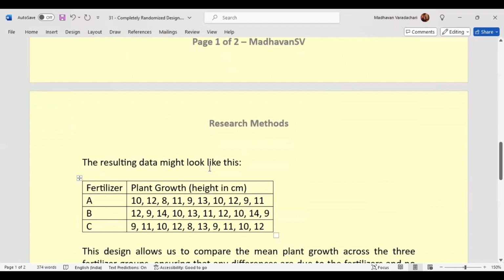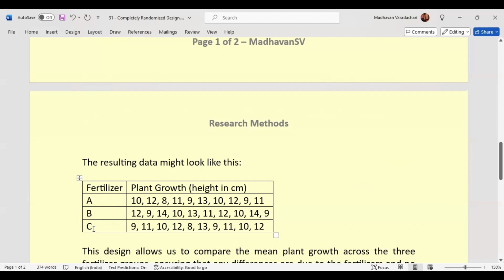The resulting data may look like this. By using fertilizer A, in that group, you get height in centimeters as 10, 12, 8, 11, 9, 13, 10, 12, 9, 11, like that. Similarly, for fertilizer B, the second group may have readings like 12, 9, 14, 10, 13, 11, 12, 10, 14, 9.